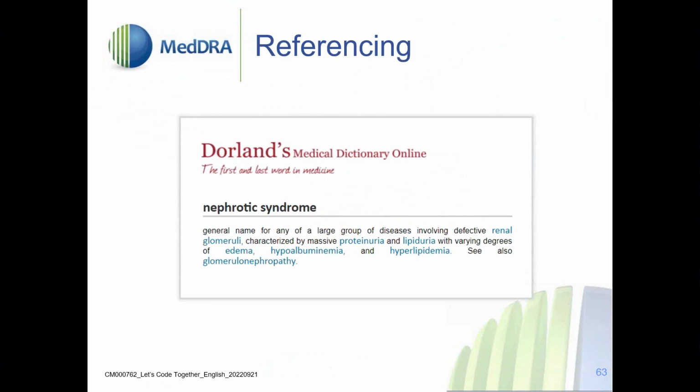So the question is whether the edema can be considered a characteristic symptom of the nephrotic syndrome. And we see here that it can be considered a characteristic symptom of nephrotic syndrome. It's mentioned here, together with other conditions.